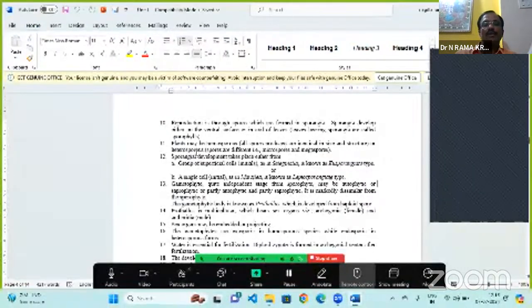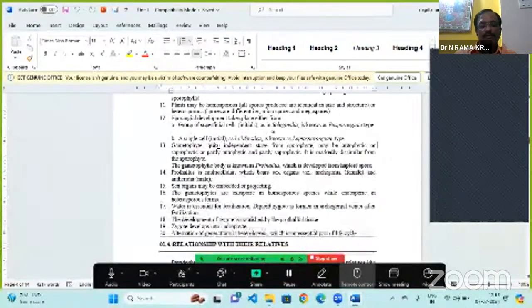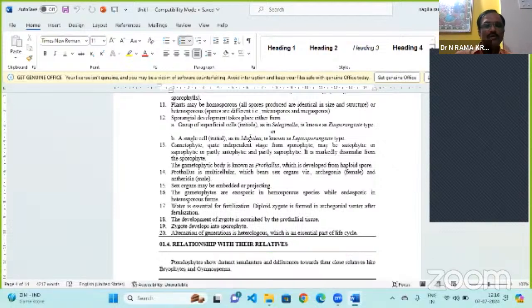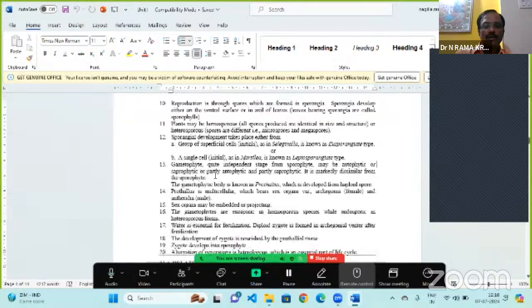Next, we are going to the gametophyte. You already know the gametophyte very well. Generally, the spores represent the first cell of the gametophyte generation.